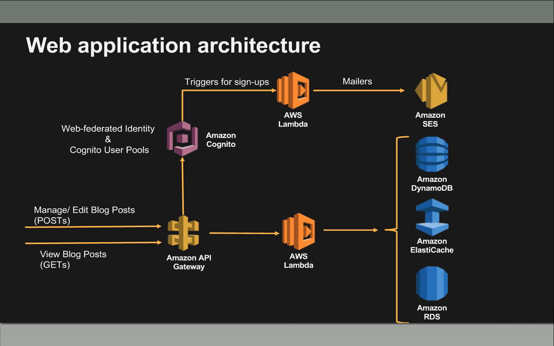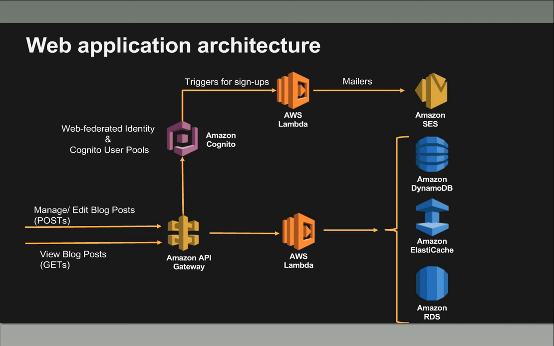Let's walk through an example. When users want to sign up to your blog site, they connect to your blog site through the API Gateway interface, and then they sign up with their email ID. And if you look at the top, there's an AWS Lambda function that triggers for signups. In that case, they will get a notification email with a code that they can enter to get authenticated to your blog site.